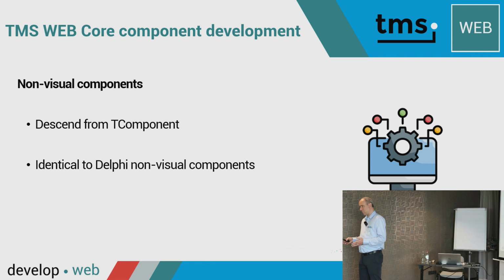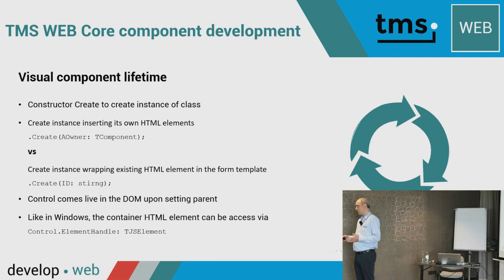You override maybe the constructor of the T component class, and that's it. That class is immediately usable in a WEB Core application. You create an instance of that class, you use its methods, functions that you might have defined, and there's not much more to say. Everything you learned and you do in VCL, you can do in WEB Core.